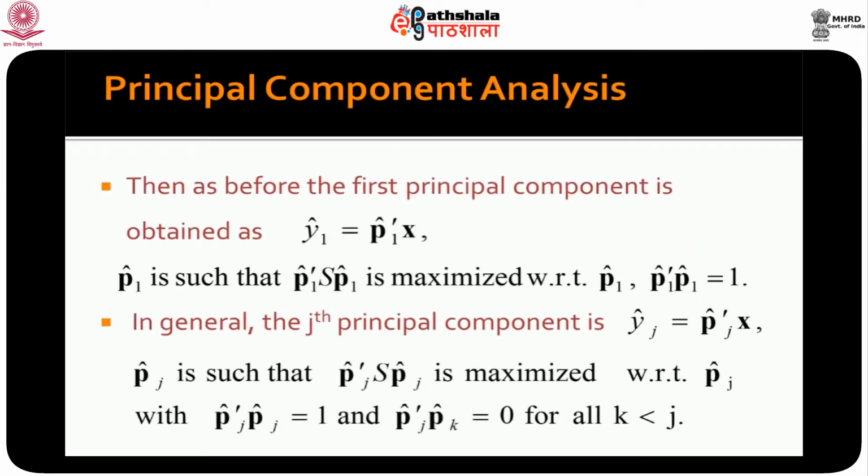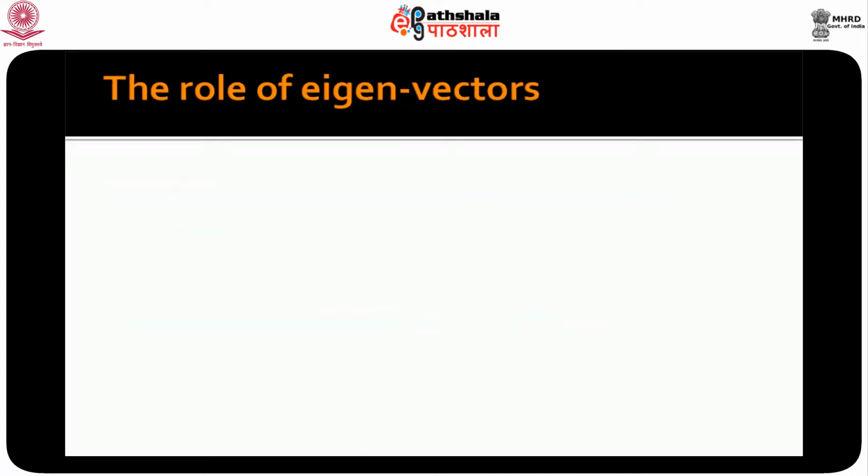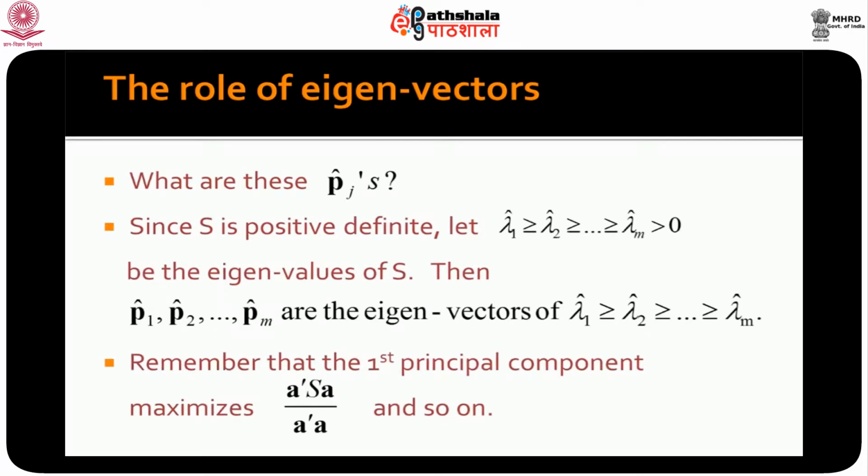Now, as before, we consider a linear combination of the x, that is, y is equal to a prime x, which is basically the summation of k equal to 1 to n of a_k x_k. The x_k's are the elements of x, and as you remember, we will be looking at this linear combination y.